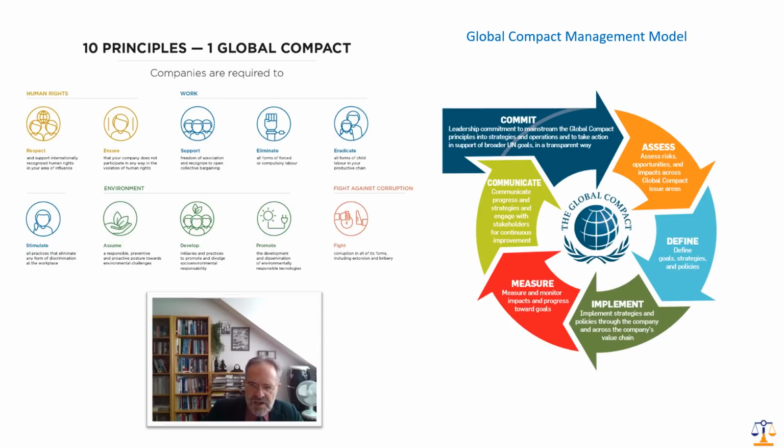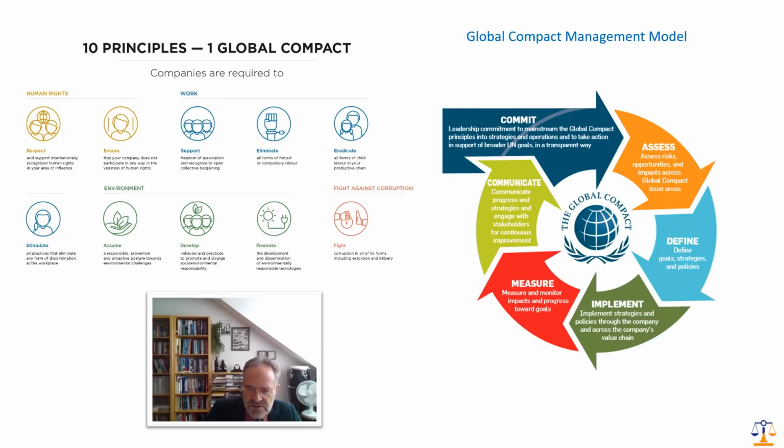It asks them to create a system, a process in their company by which they ensure that the business they do wherever in the world is within the setting of these 10 principles. They should commit themselves to it, assess to what extent they comply, then define how they're going to improve their compliance, implement it, measure whether they reach their goals, and then communicate it to the outside world.